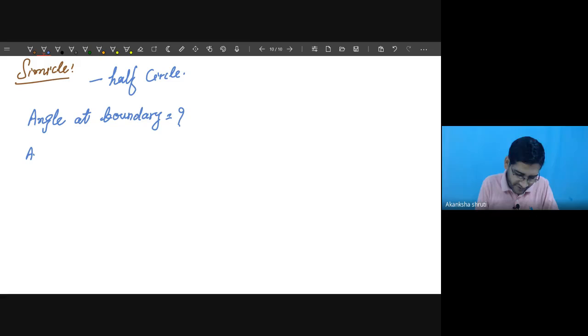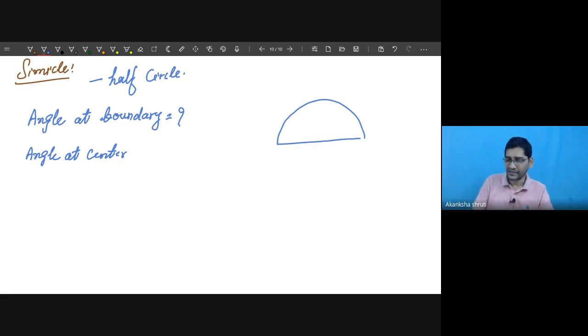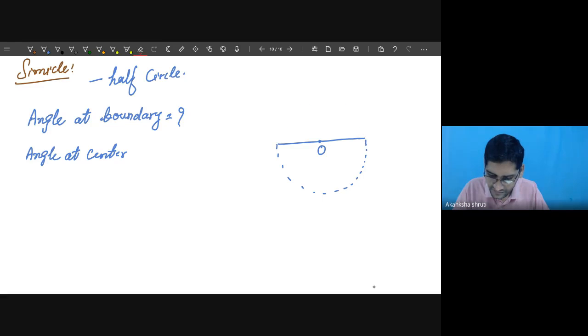Basically, first we will understand what is the angle at the center. Students, we have learned that a semicircle means half of the circle. The center is somewhere here. The other half is neglected. So it is this one.